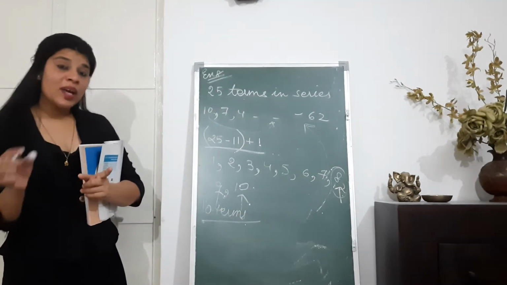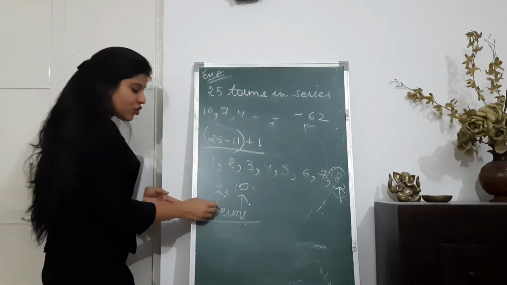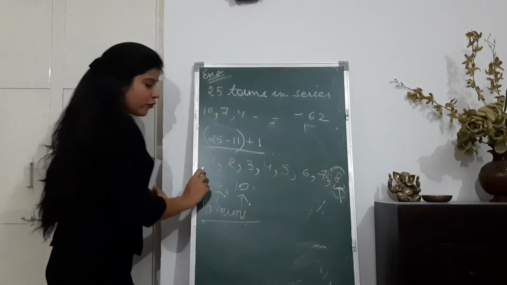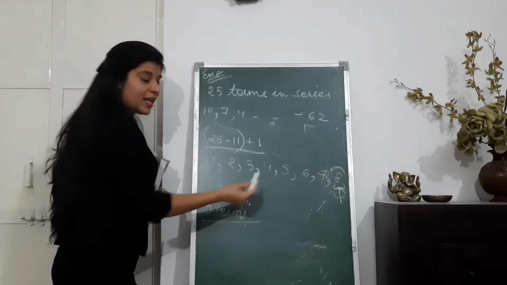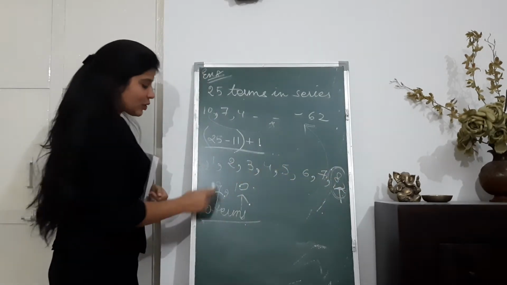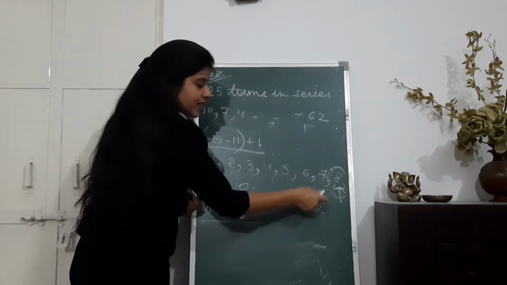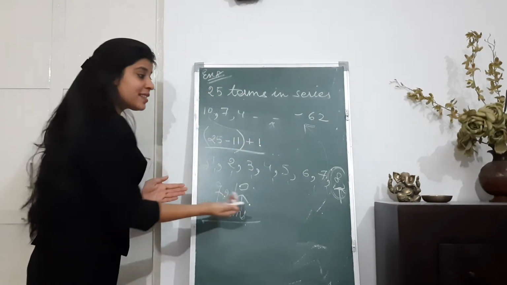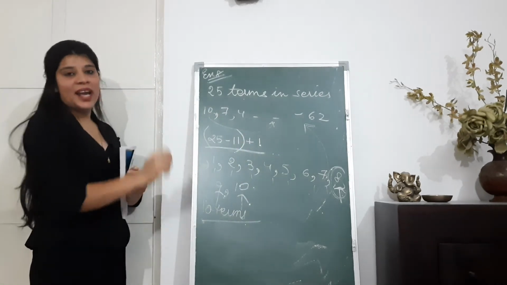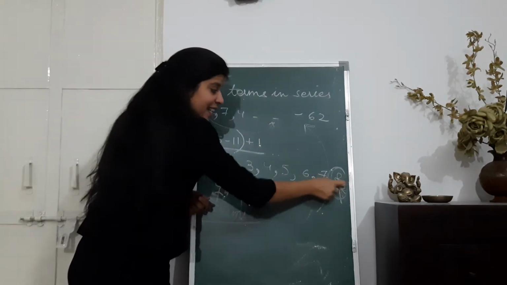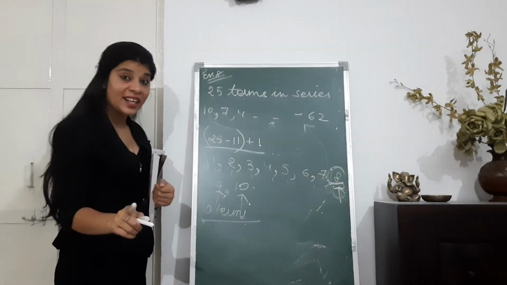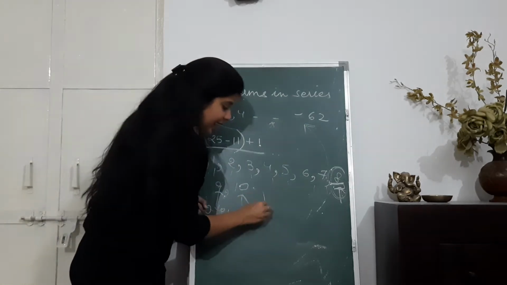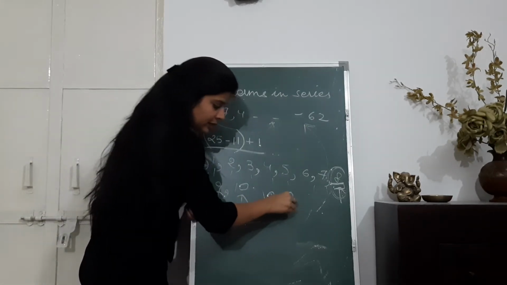If I ask what this is from the forward of the AP, count it: 1, 2, 3, 4, 5, 6, 7, 8. Clearly it is the 8th term from the start of the series, which is the third last term from the end. So again it is 10 minus 3.